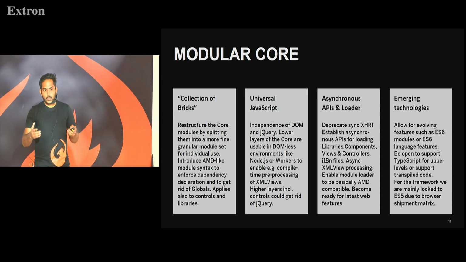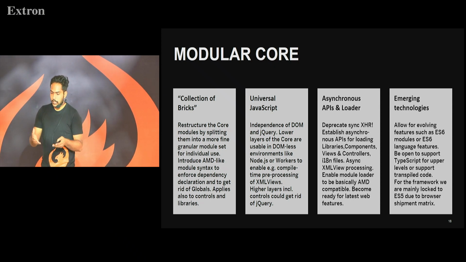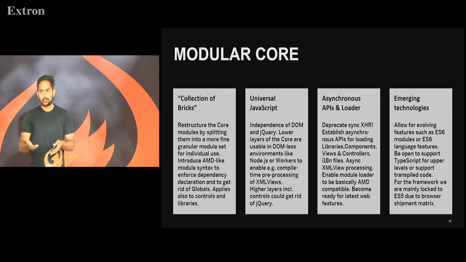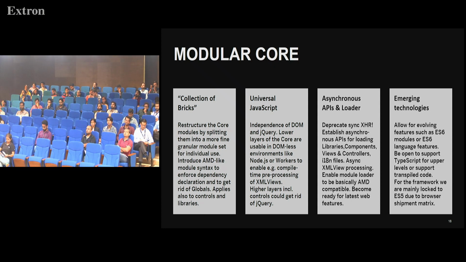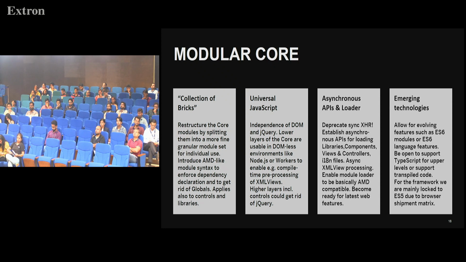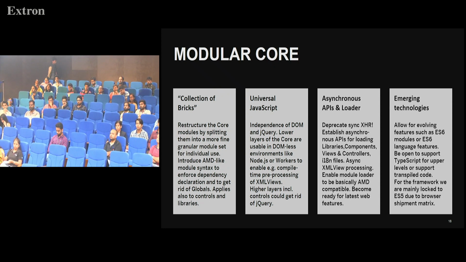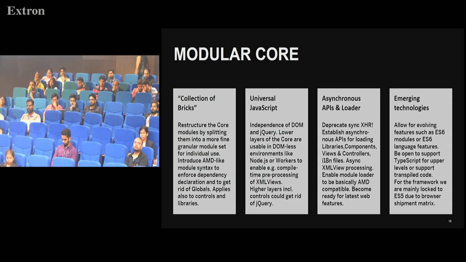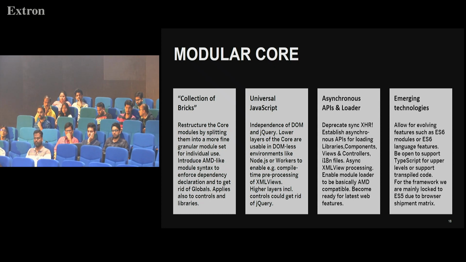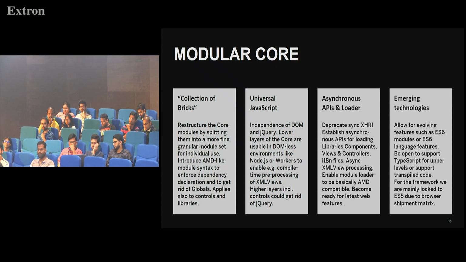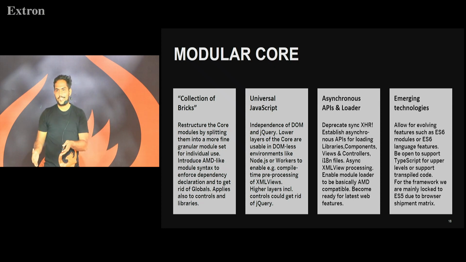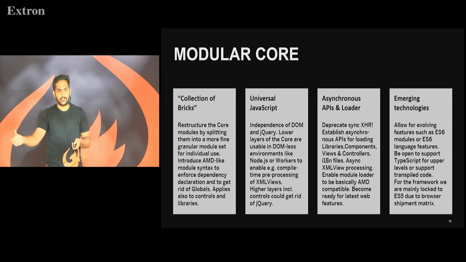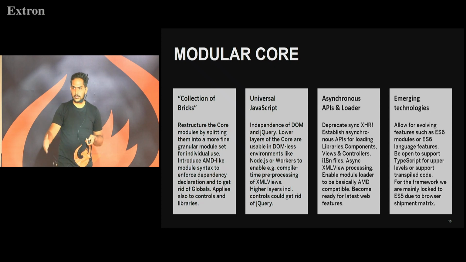With this, we have also included TypeScript in the upper layers if you really want to use TypeScript and transpile your code. And why are we blocked with ES5 right now for the framework? As you know, it's mainly because of the browser compatibility matrix. So we'll be making the shift, and we have already done some of it. We'll be there for ES6 modules.